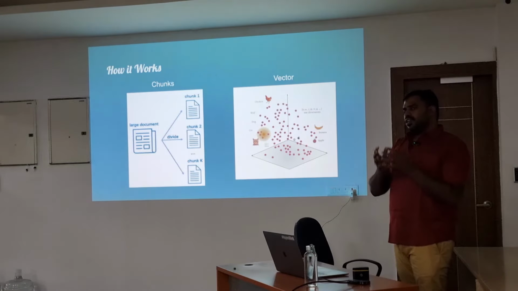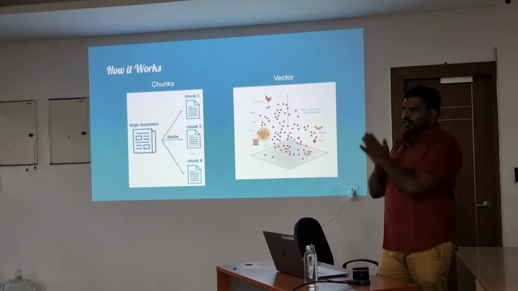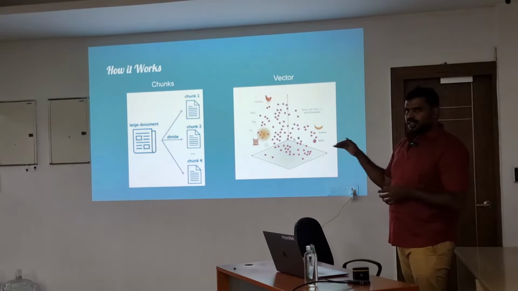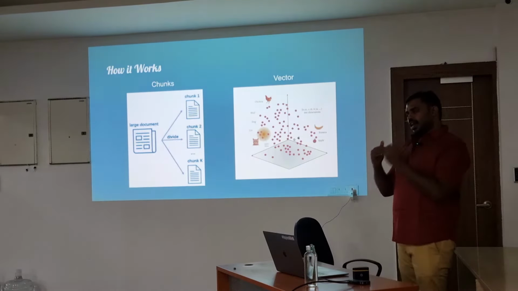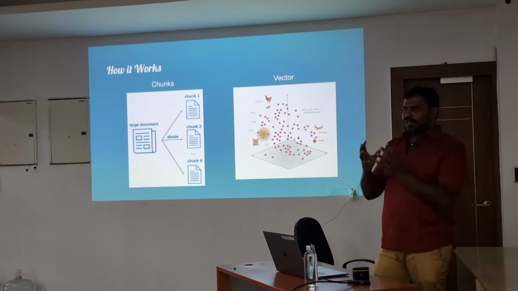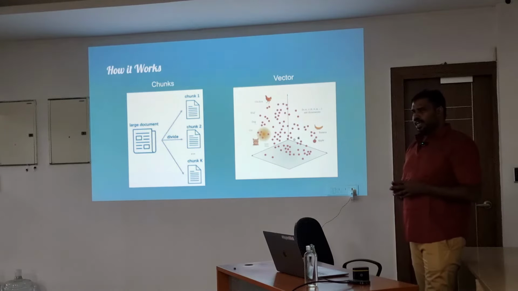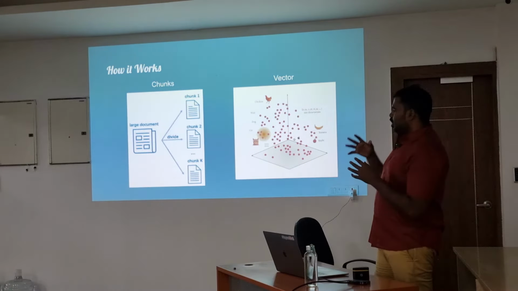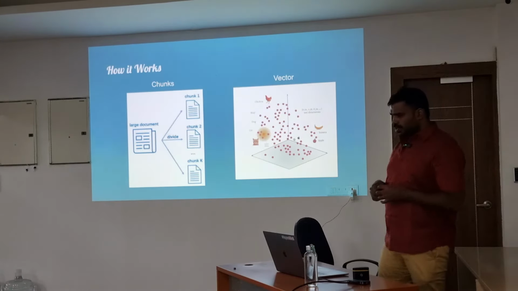But the problem is each and every LLM model has a context length, so we cannot give it all. So we will chunk this document into small pieces and convert those pieces into a vector database. A vector database is a very popular database concept which is evolving right now. To understand vectors, let's imagine this diagram.